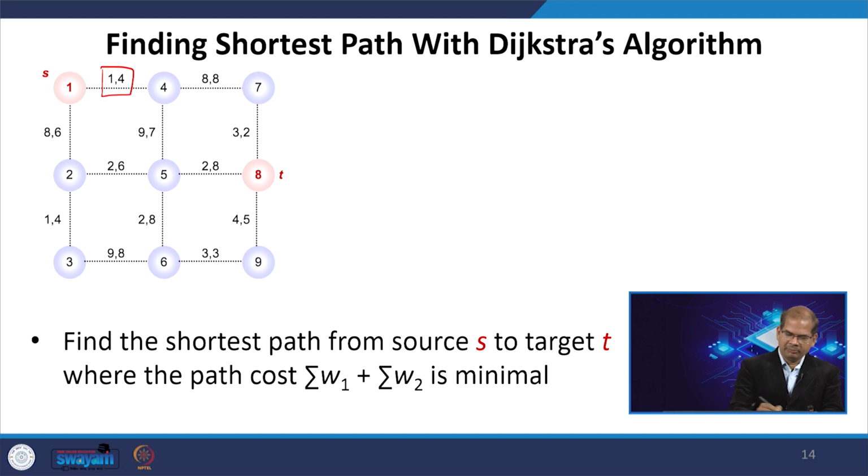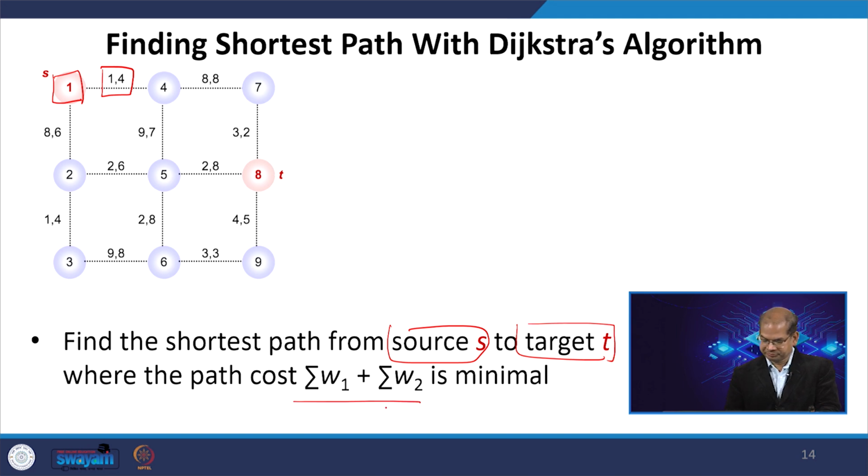So, here we have a source node. Now, our aim is to find the shortest path from the source node to the target node such that my cost, the cost in the horizontal direction and the vertical direction combined, is minimum.